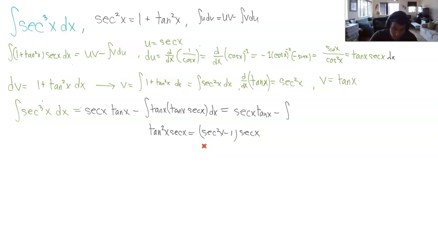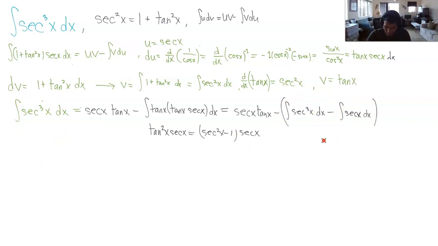So in other words, now we have this integral, which is, I'm going to factor this in. So we're going to have secant cubed x, put a parenthesis around this, dx minus secant x dx. And look at this. This integral over here is the same integral as that one.